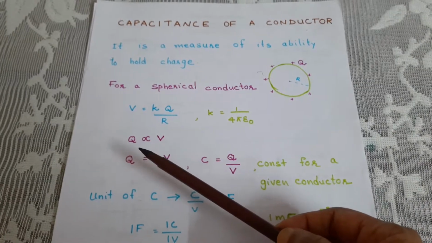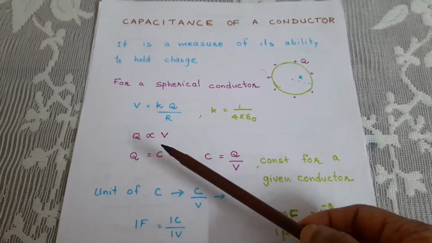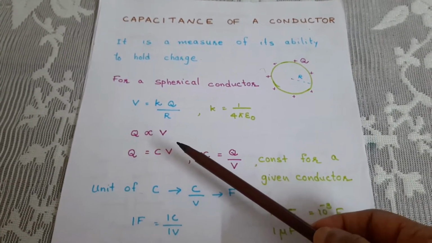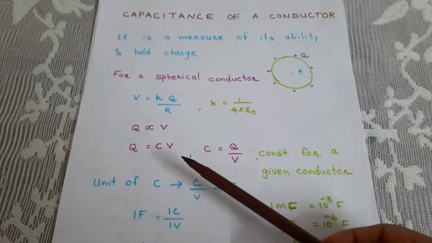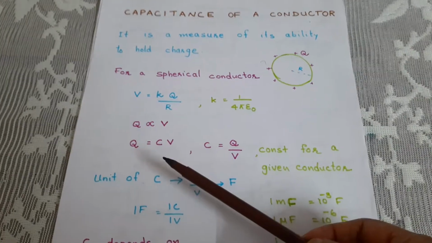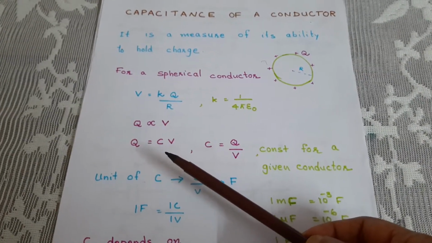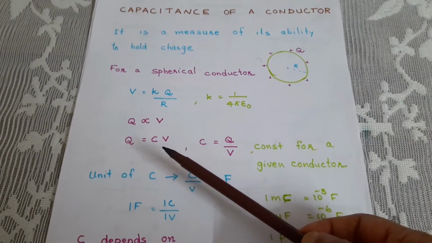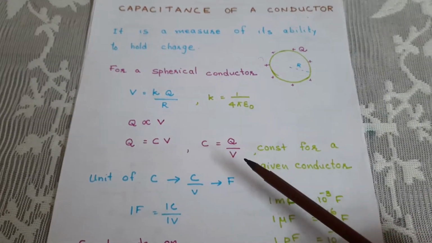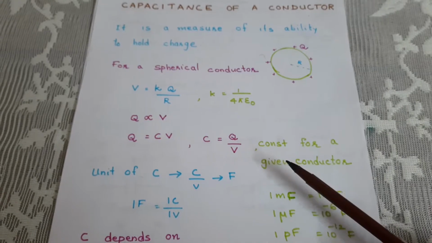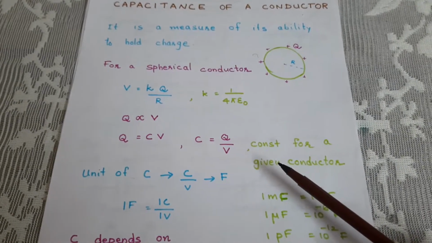Therefore, we can say charge Q is proportional to the potential, or Q is equal to CV, where C is a constant known as capacitance of a conductor. From this equation, C is equal to Q by V, a constant for a given conductor.